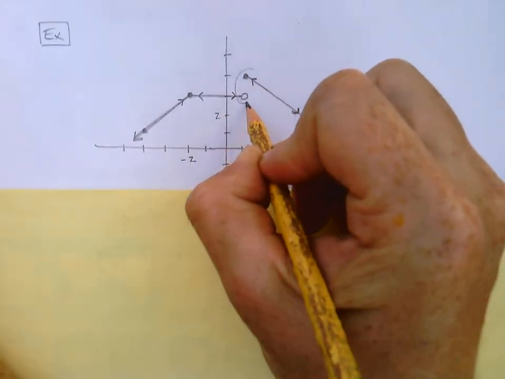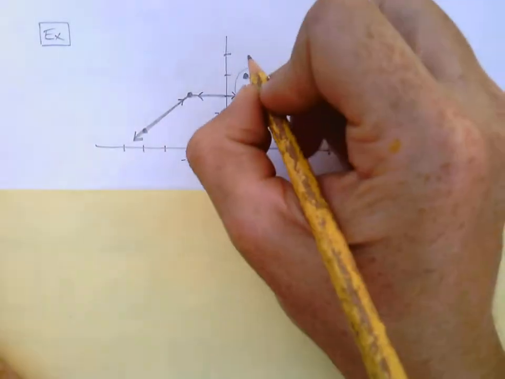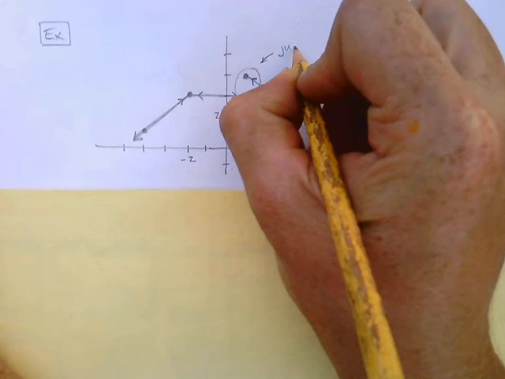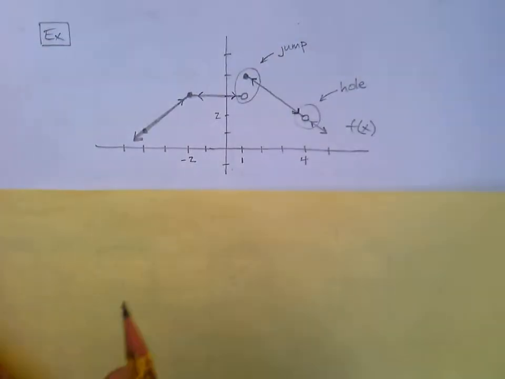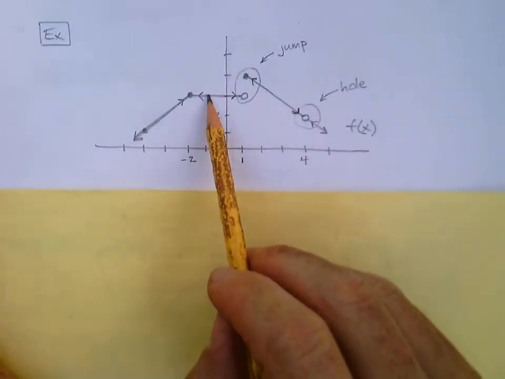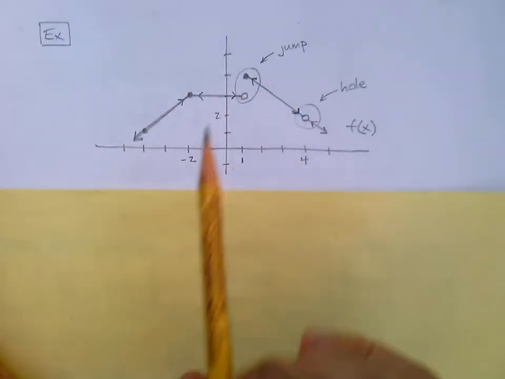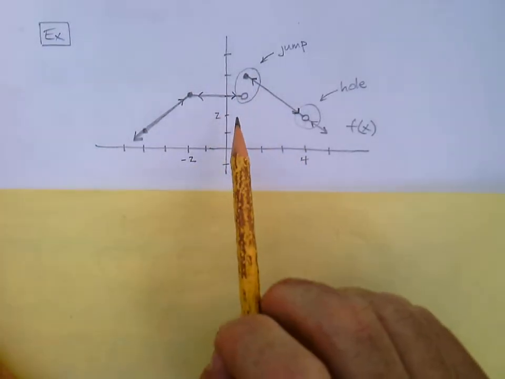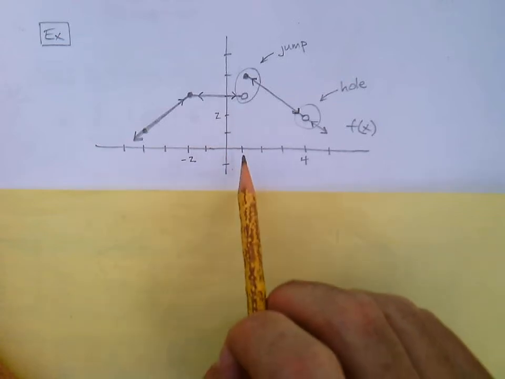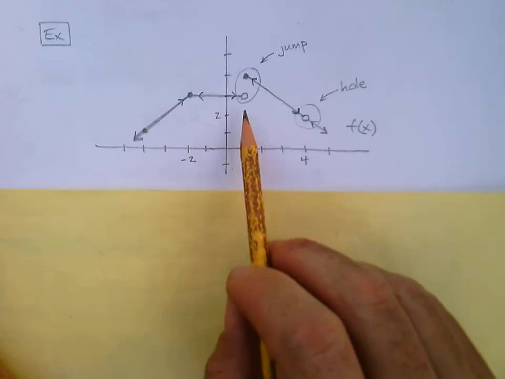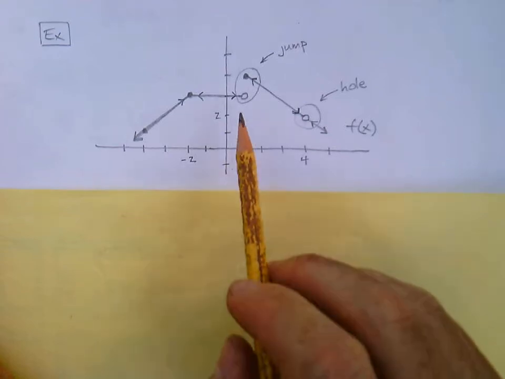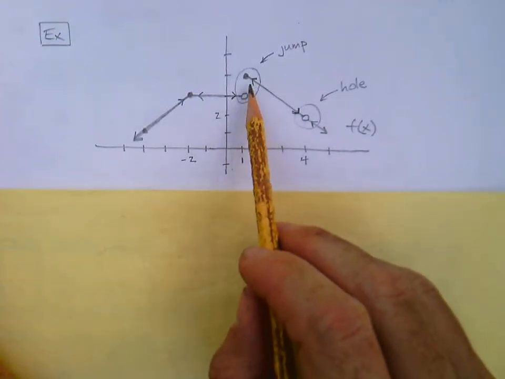This one, though, gave us more trouble. This we're going to refer to as a jump. So if you think, as you're walking along the function, it jumps up and then continues along. There's this gap, right? And so if you are looking at a regular limit, we call a two-sided limit when you're approaching from both sides.